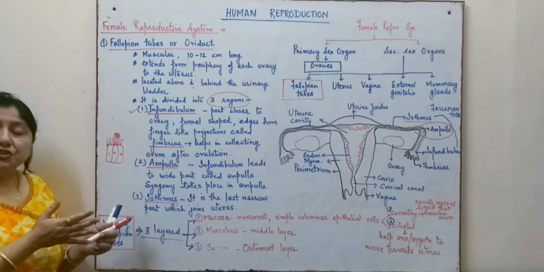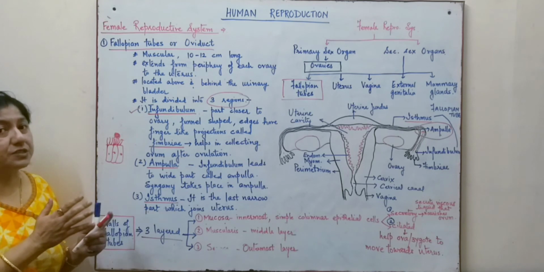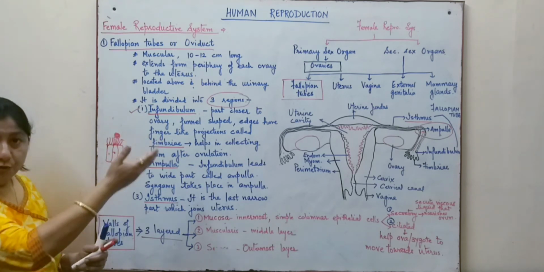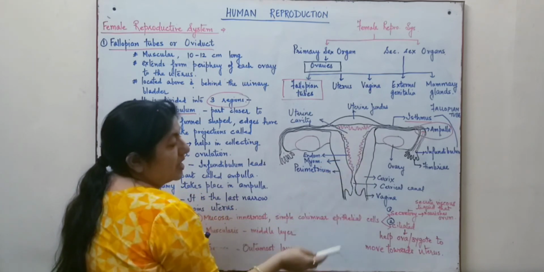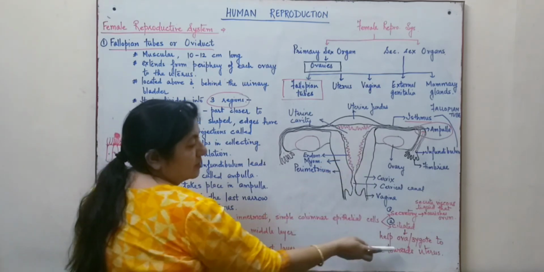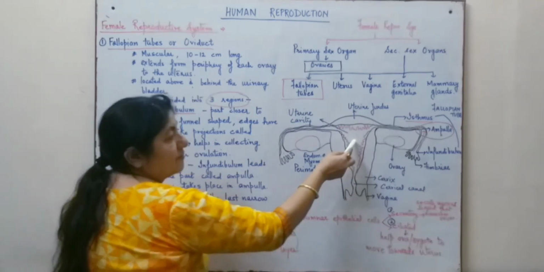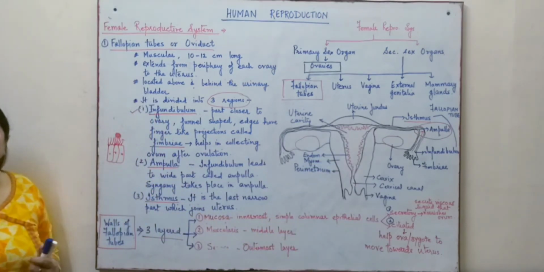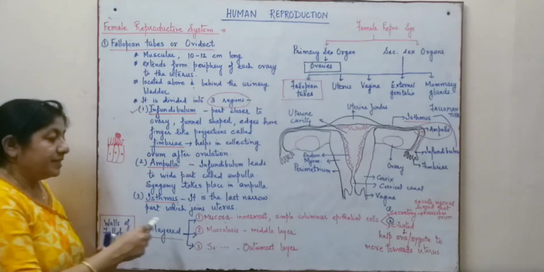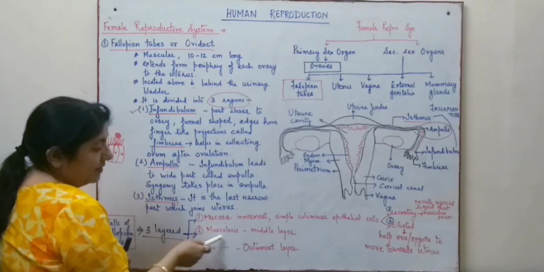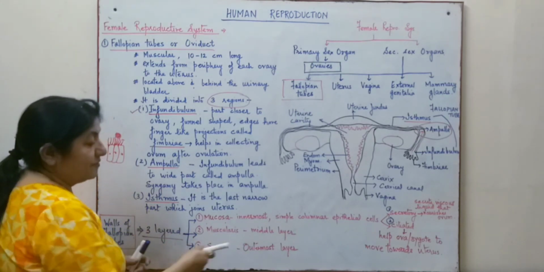If fertilization has taken place, the zygote formed will move towards the uterus, where it will settle for implantation. If fertilization does not happen, the ovum travels over here and is later degenerated in the form of the menstrual cycle.